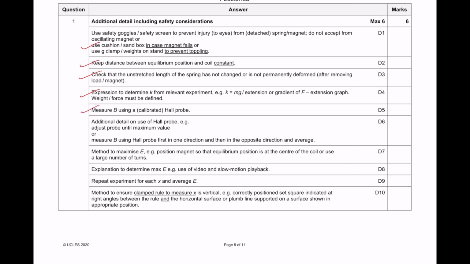Also we have used the method to maximize E by taking a large number of turns. We have an explanation for the determination of maximum E using the slow motion playback. We have repeated the experiment and taken the average value of E, and you can add any additional relevant data.